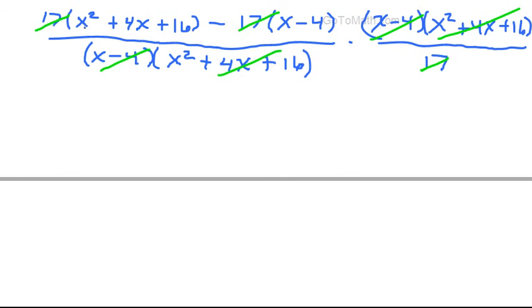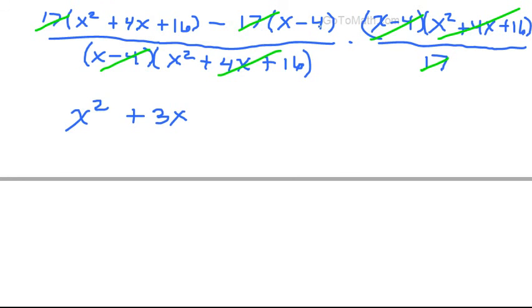Alright. So then we're going to be left with an x squared. We've got a 4x. Now we got this minus sign right here, and we'll need to distribute that across. So that's going to be minus x. So we're going to have 4x minus x, and that gives me 3x. And then we have 16, and of course we'll need to subtract it.